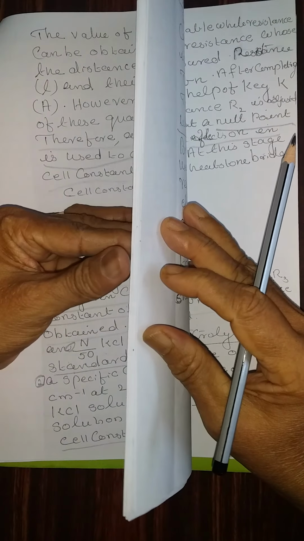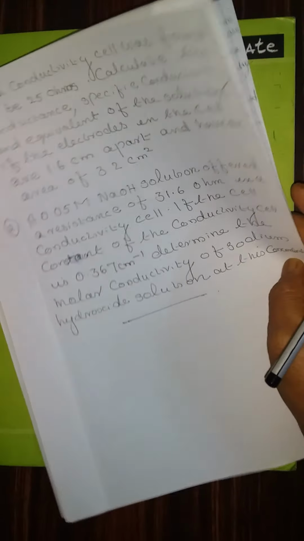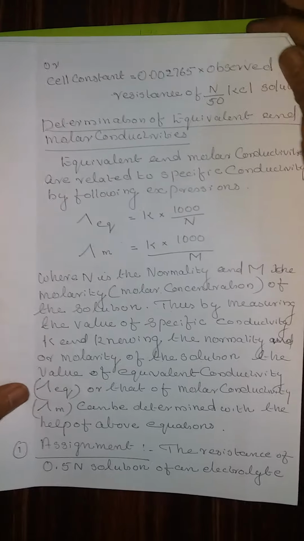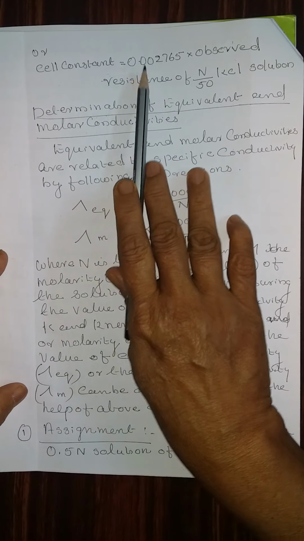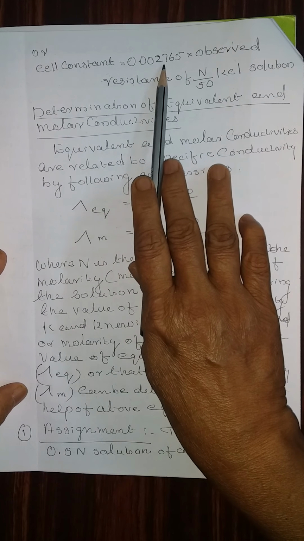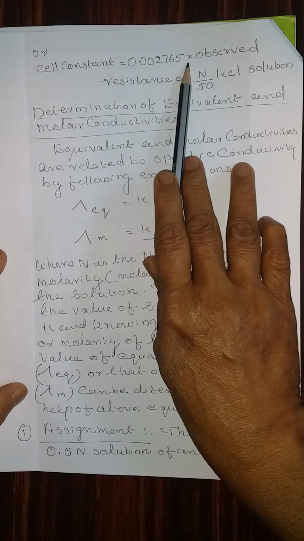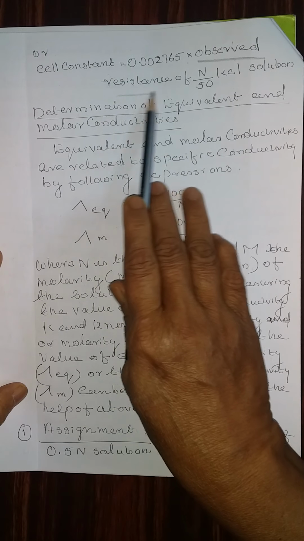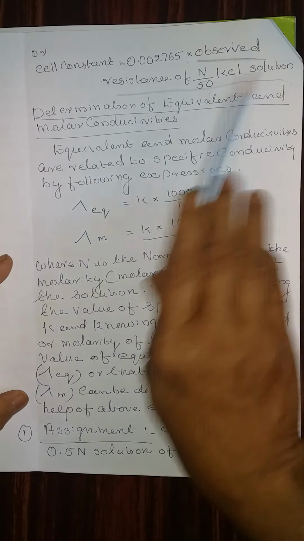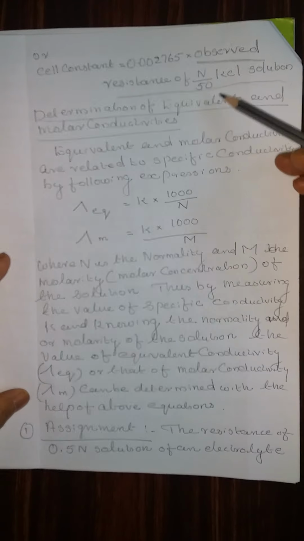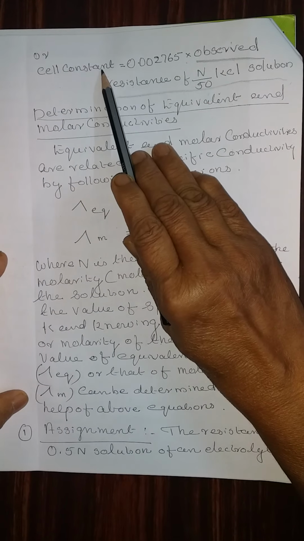From this equation, you can easily calculate the cell constant. Therefore, the cell constant is equal to 0.002765 into the observed resistance of the N by 50 KCl solution. Thereby we can determine the cell constant.